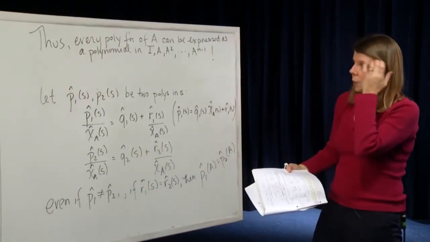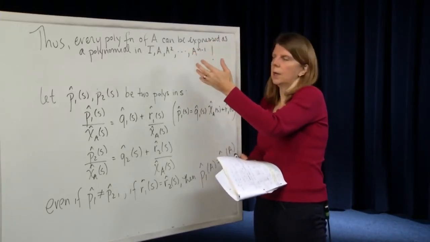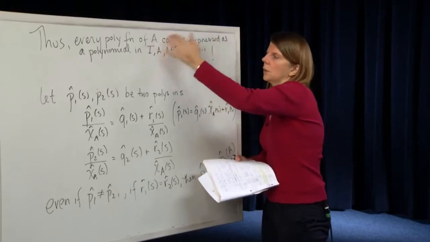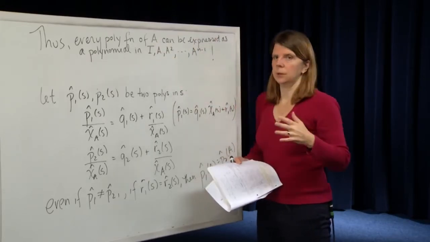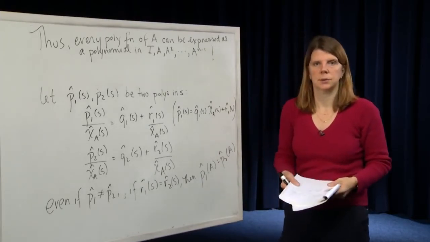So if you have a polynomial function and you plug in A and it's of degree n or greater, you can always simplify it to a polynomial function of A in these terms only. And that's the result of Cayley-Hamilton.